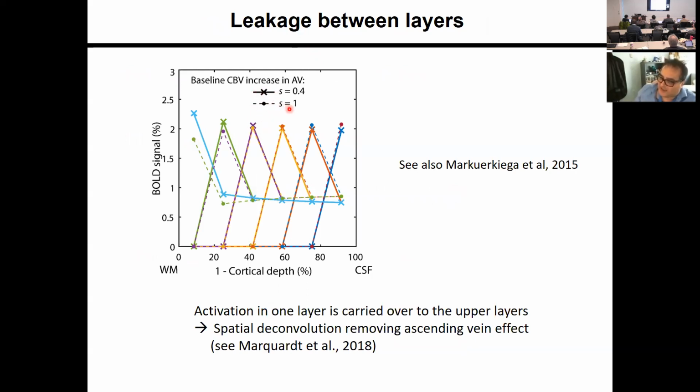S describes how much the blood volume increases from the ascending vein from white matter to CSF, and these are two different slopes. So we did a sensitivity analysis of the results, but because of the presentation, I didn't want to make it too complicated. I'm not going too much into the justification of the parameters, but yes, there are physiological parameters to be assumed in order to make these calculations.